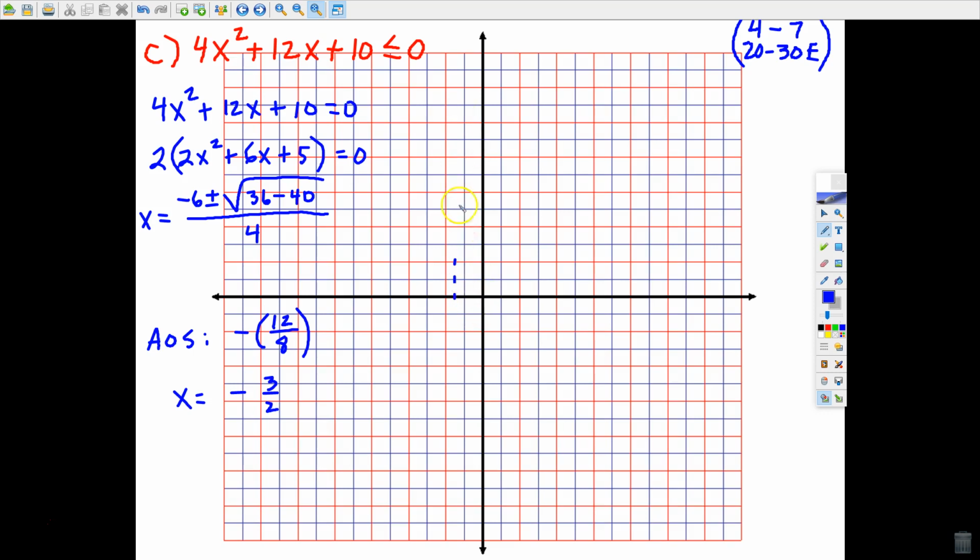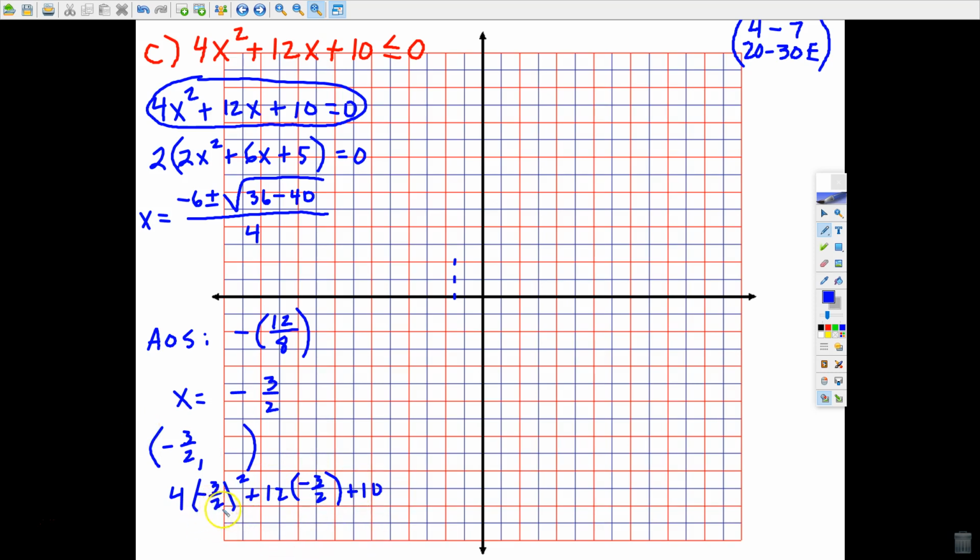On that AOS line we have the vertex, and if we want to know the vertex, then we plug negative 3/2 back into our original. Okay, so let's see what the vertex is. 4 times negative 3/2 squared plus 12 times negative 3/2 plus 10. You might want to grab your calculator.